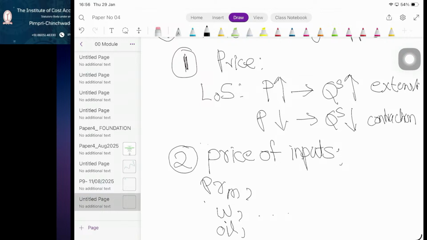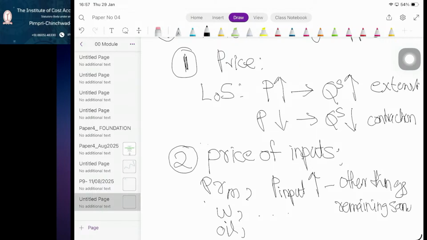Whenever the price of input increases, other things remaining same, the quantity supplied will decrease, because suppliers will make less profit, and therefore there is an inverse relationship between price of inputs and quantity supplied. Did you get this logic?